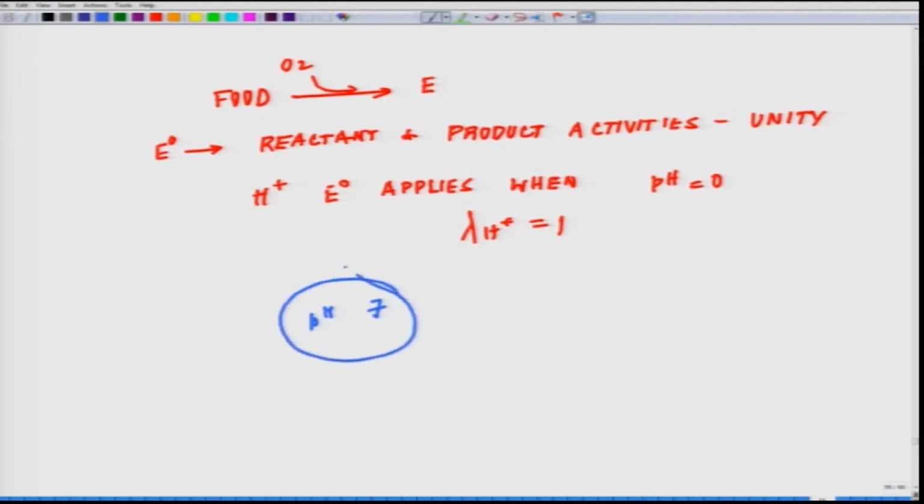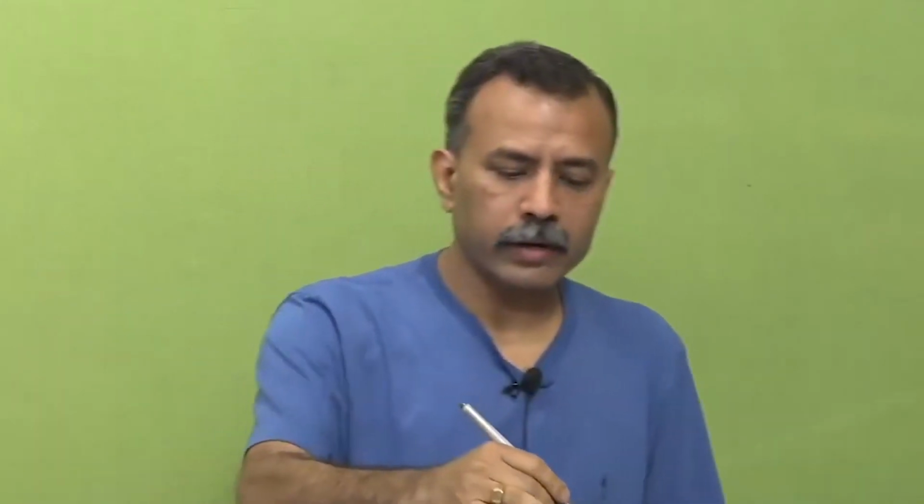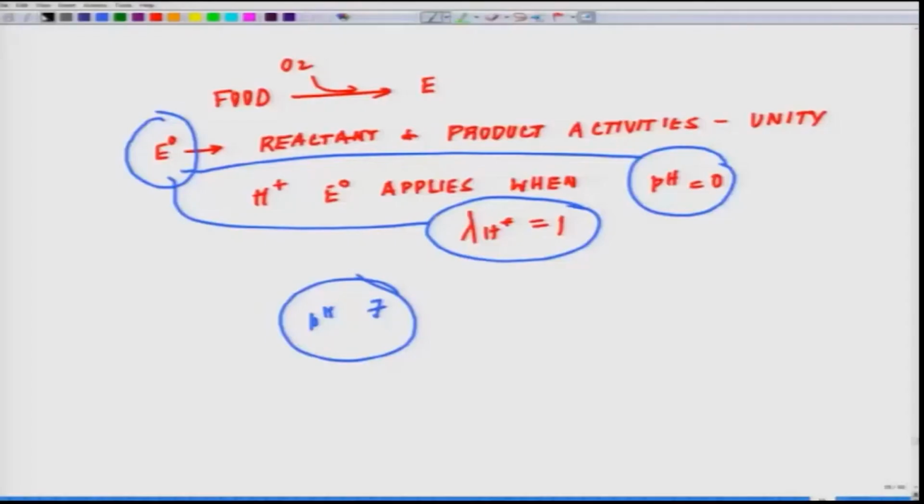So, our basic premise of using E0 was at pH 0, where everything was unity, but we cannot directly transfer it to biological systems, because we are dealing with a pH 7 situation. Okay. That is where we will now proceed further.